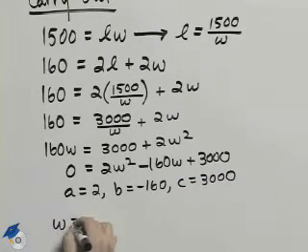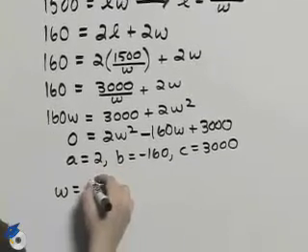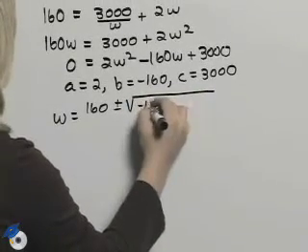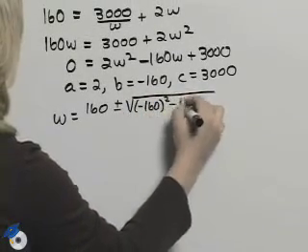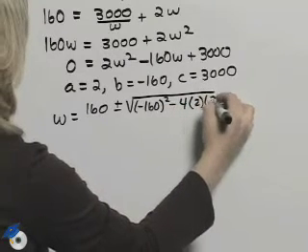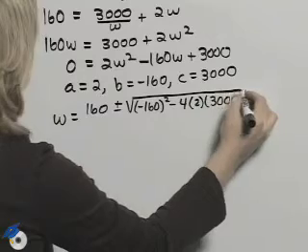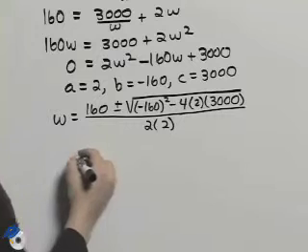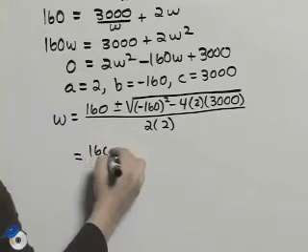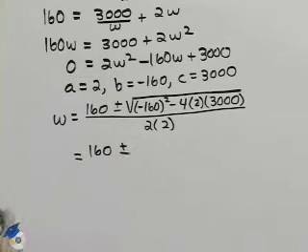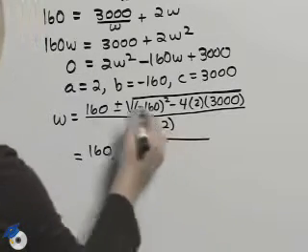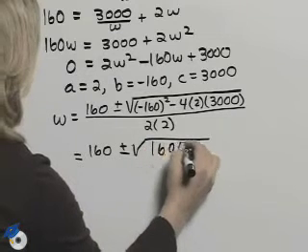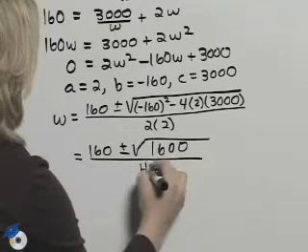So solving for W using the quadratic formula gives us the opposite of B, which is 160, plus or minus the square root of B squared minus 4 times A times C, all over 2 times A. When we simplify, we'll have 160 plus or minus the square root of, now putting that into a calculator will give us, the square root of 1,600. This will all be over 4.